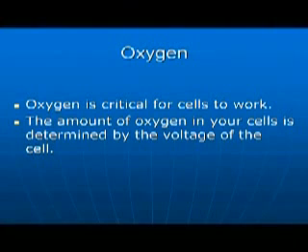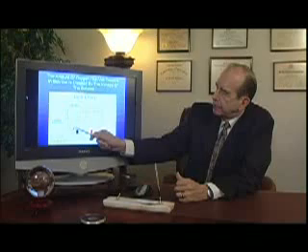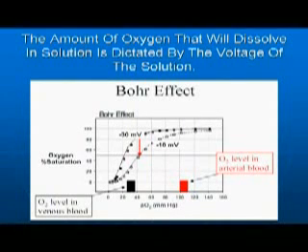We also need oxygen to make our system work, and the amount of oxygen that can be in a cell is dictated by the amount of voltage of the cell. This is called Bohr's Law, or Bohr effect. Here you can see in this graph the amount of oxygen that can get into the cell. If your voltage is at minus 30 millivolts, it's this much. If it drops to minus 10 millivolts, you get in much less.